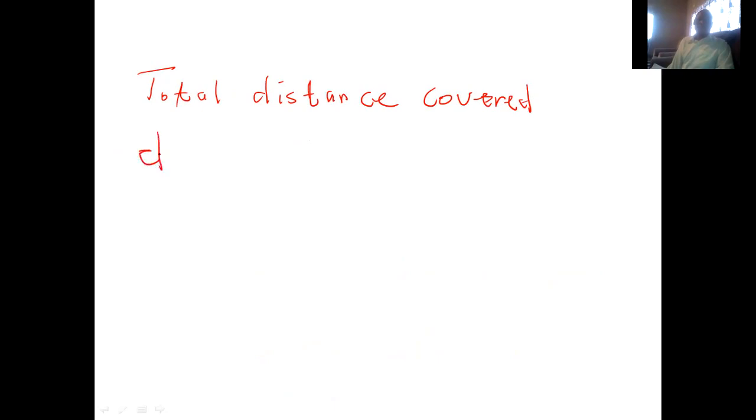The total distance covered will be equal to distance 1 plus distance 2.